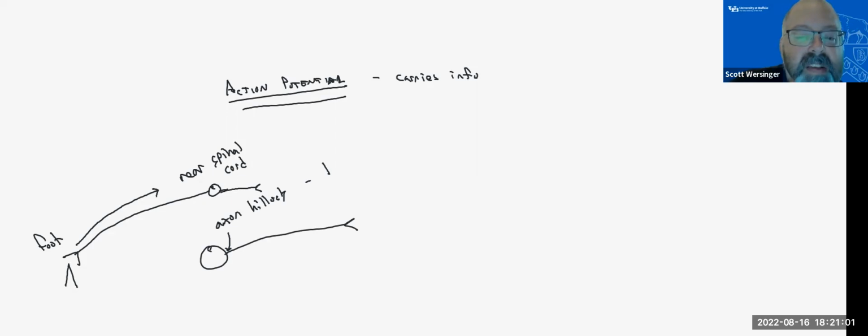Some people call this the trigger zone, because this is where the action potential begins. The cell body doesn't have action potentials. The action potential is specific to the axon. The terminals don't have an action potential. The action potential goes only along the axon.